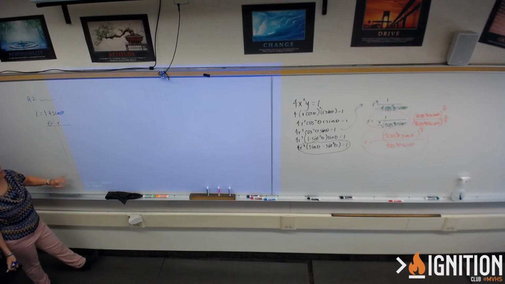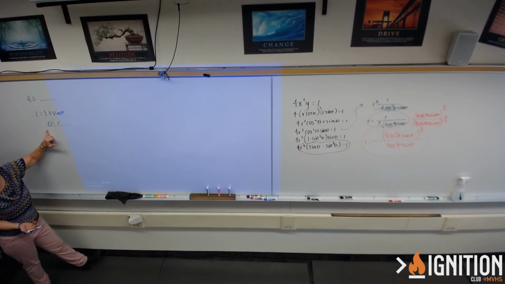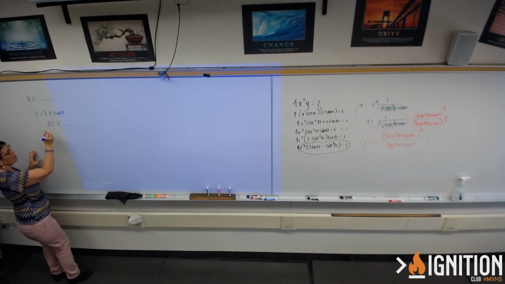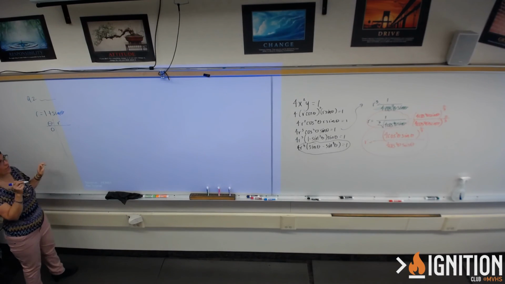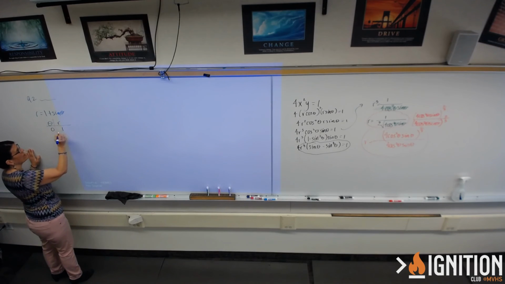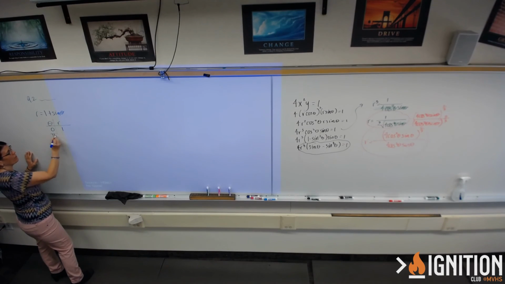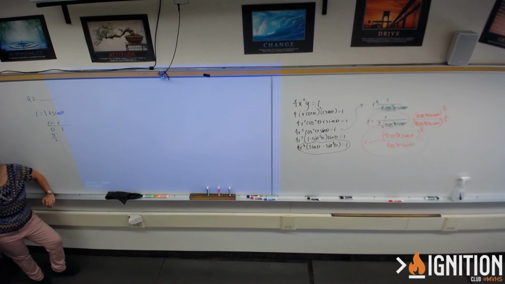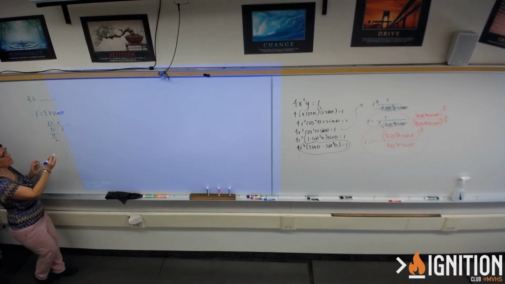So if theta is 0, what's the sine of 0? Zero. 0 plus 1 is 1. Let's plug in values that we know that are pretty easy to find. If theta is pi over 2, what's the sine of pi over 2? 1 plus 1 is 2.